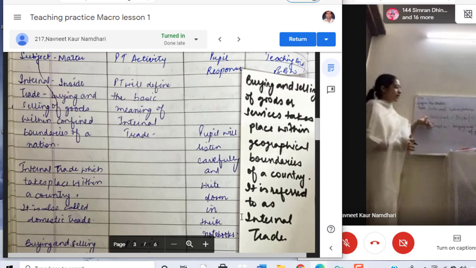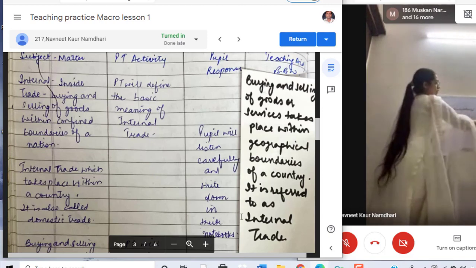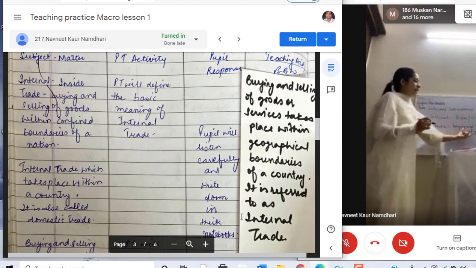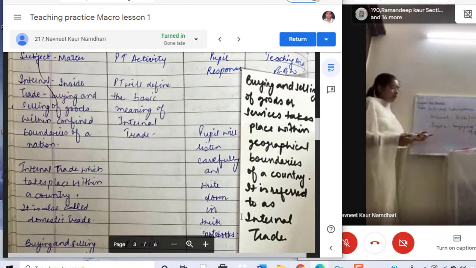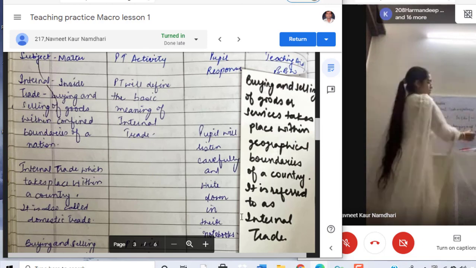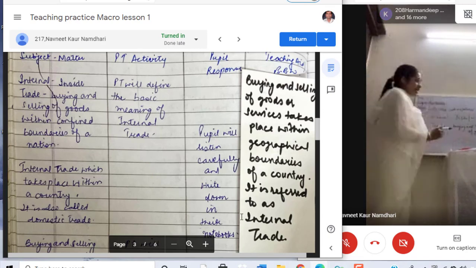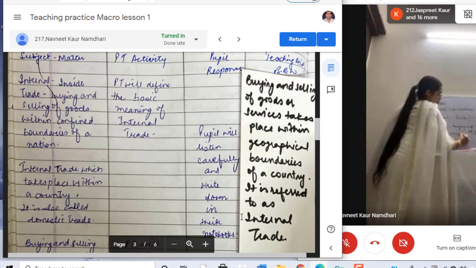So internal trade is the buying and selling of goods within the country. To be more specific, buying and selling of goods or services takes place within the geographical boundaries of a nation.